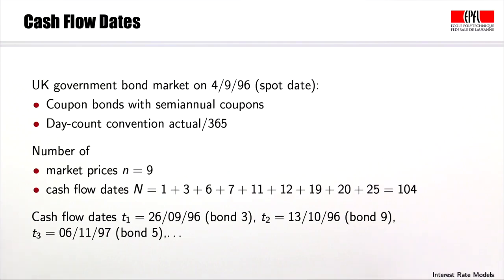The number of market prices given is 9, and the number of cash flow dates, if we sum them up, bond number 1 had 1 cash flow left, bond number 2 had 3 cash flows left, and so on and so forth. Summing up gives us 104 cash flow dates. The first one is the one from bond 3, the second one is the one from bond number 9, and the third one is the one from bond number 5, as seen on the previous slide.